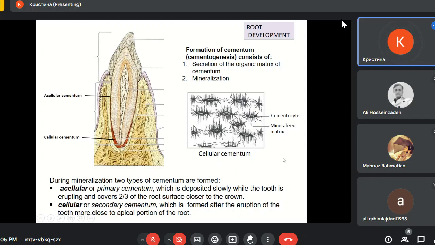But unlike bone tissue, we have no blood vessels in the cementum, so all the nutrients should come here by diffusion through these small channels.